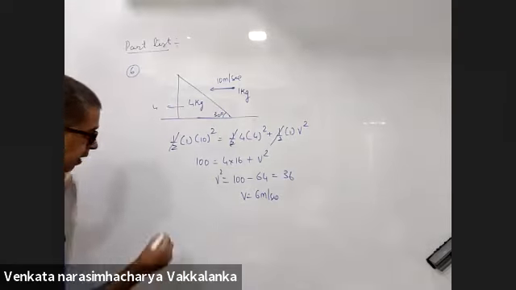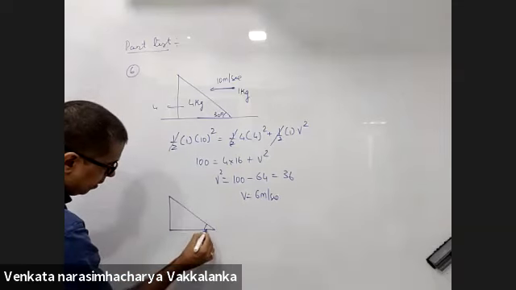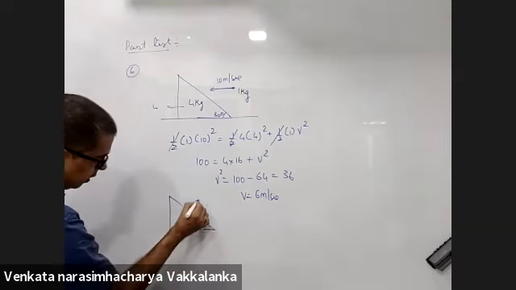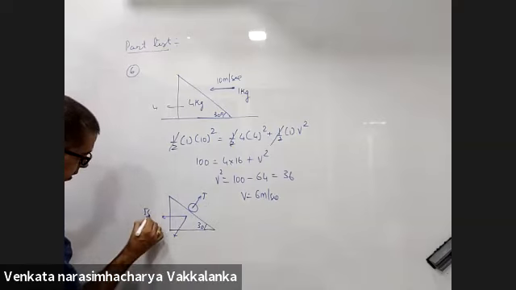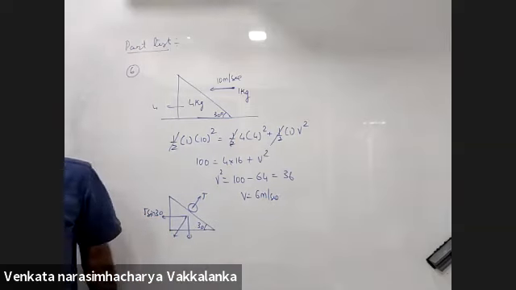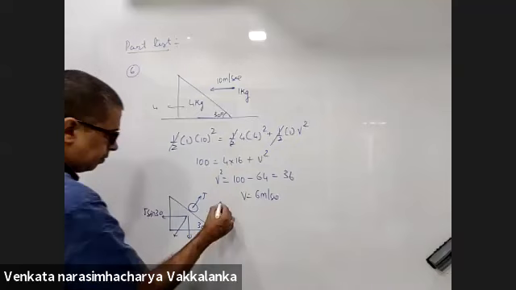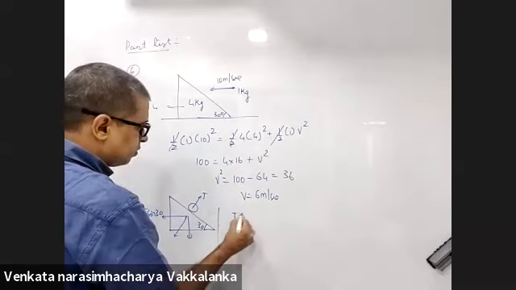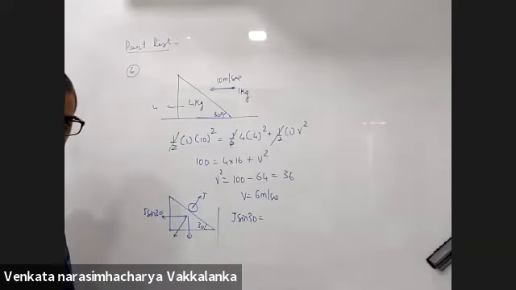Right. Second part of the question, they're asking for impulse J. This is J. This will be J sin 30. This will be J cos 30. Right?